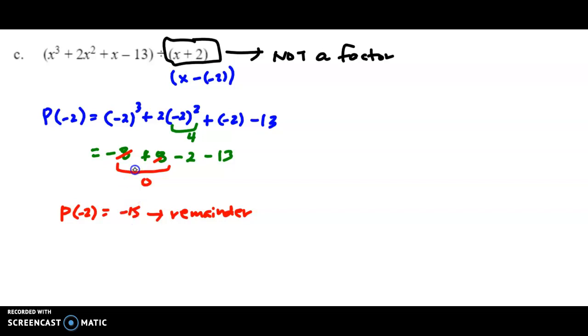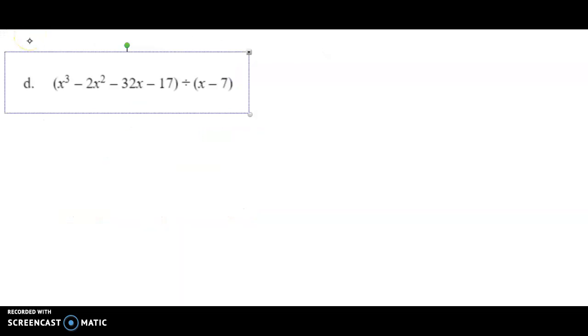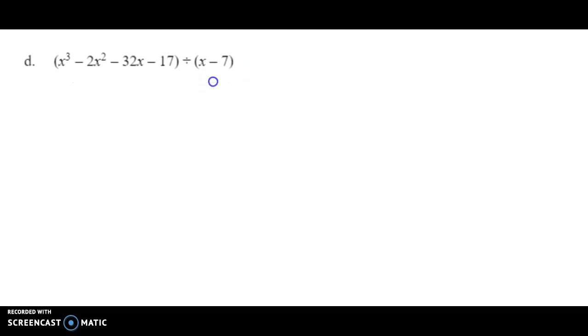All right, so let's look at part D. Okay, we'll do this one here. Whoops, sorry about that. Okay, so this one, we're going to substitute in 7. All right, so P of 7.